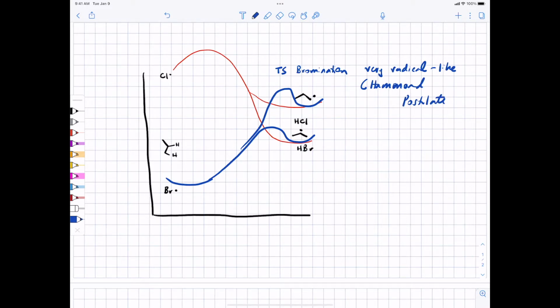So it would make sense then that if the transition state is radical-like, the transition state leading to the more stable secondary radical should be lower in energy than the transition state leading to the less stable primary radical. So for bromine, it should be faster to give you the secondary radical, and you should see some selectivity for the secondary radical.